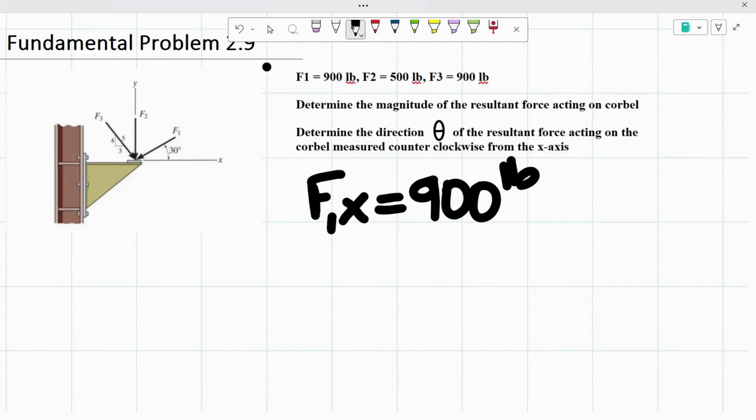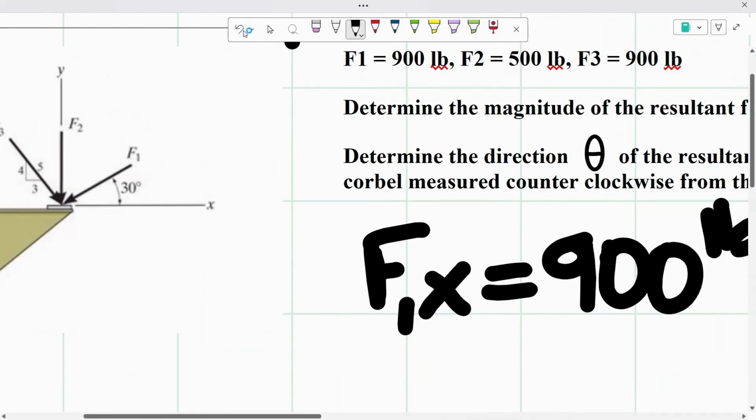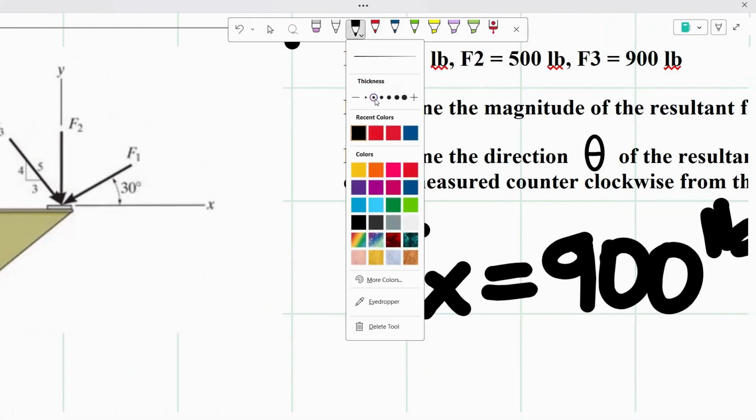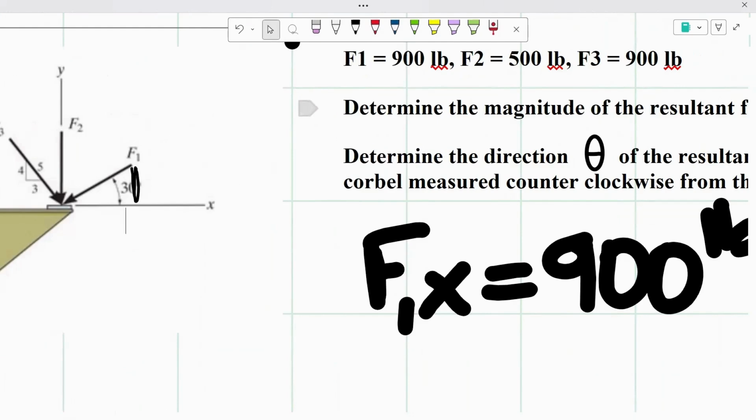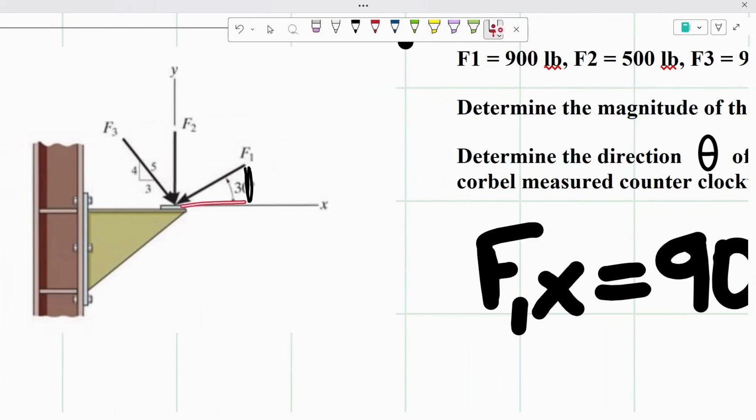If we zoom in and draw a line to complete a triangle right here, imagine that that's a triangle. We're trying to find this side, and this side is already given to us, which is the 900 pounds. And we also know this angle right here.